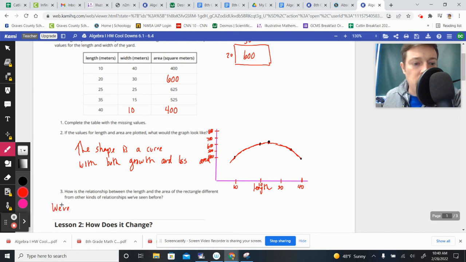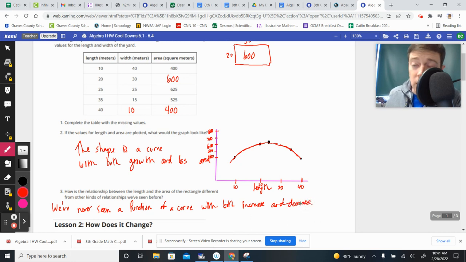We've never seen a function of a curve with both increase and decrease. We've never seen that happen before.